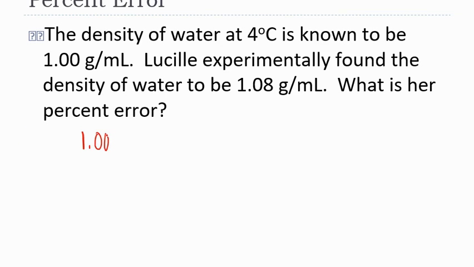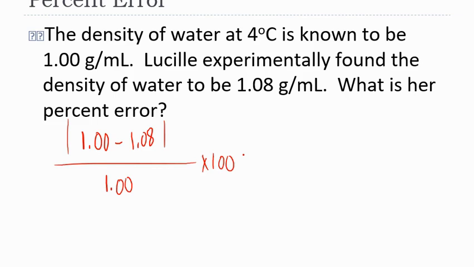If you put 1.00 minus 1.08 absolute value over, now this is important. This has to be the accepted on the bottom. Okay, this number has to be in its correct place, but these, it doesn't matter, because if you did this, what is your top number going to be in either case?